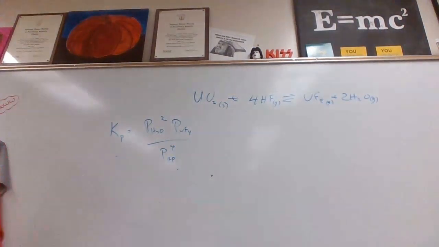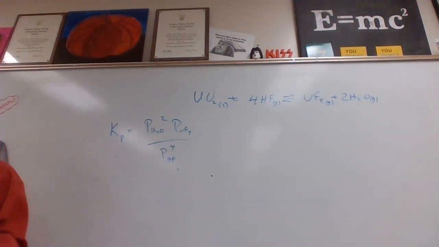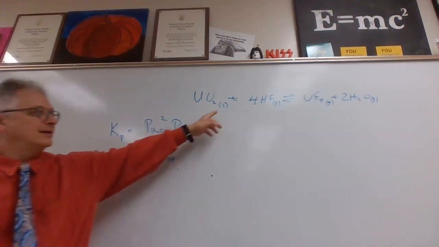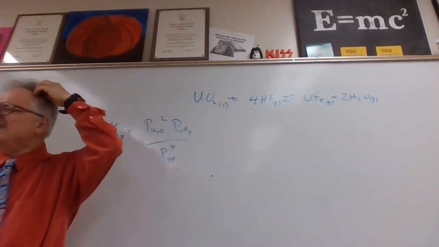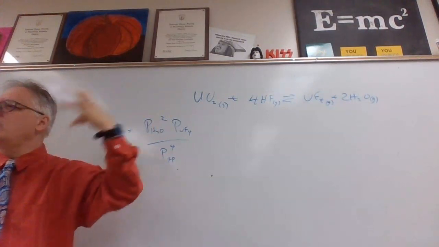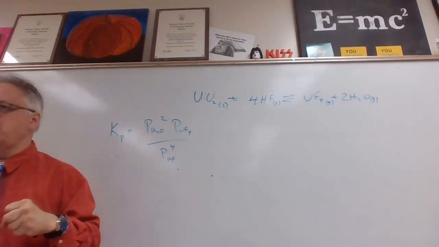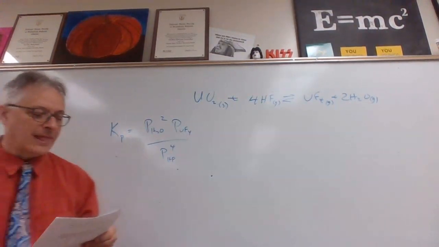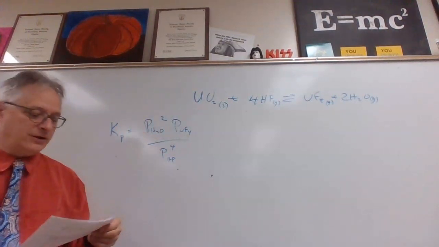What is not included in this? Right, why? So is the addition or the removal of that going to affect anything? No. It's not in our equilibrium function. So if you add some more of that, it's not going to do anything.